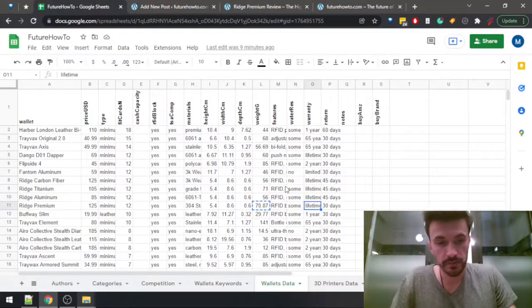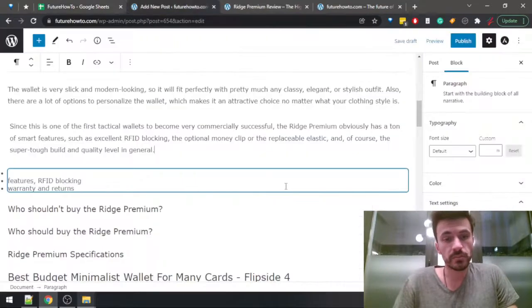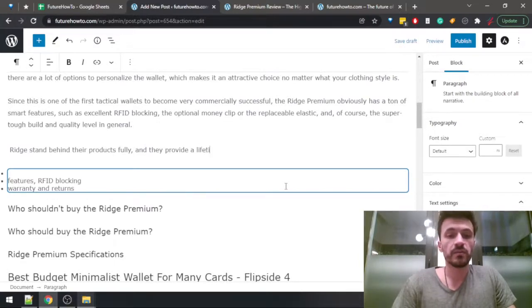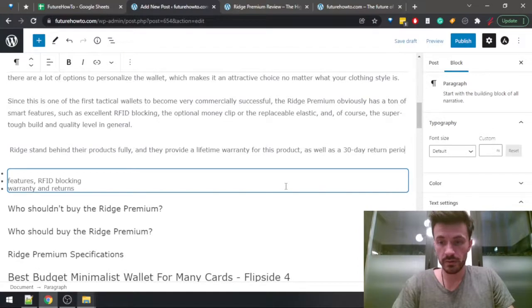Okay, that's very good. So we get a lifetime warranty and a 30-day return policy. Ridge stand behind their products fully, and they provide a lifetime warranty for this product as well as a 30-day return period.